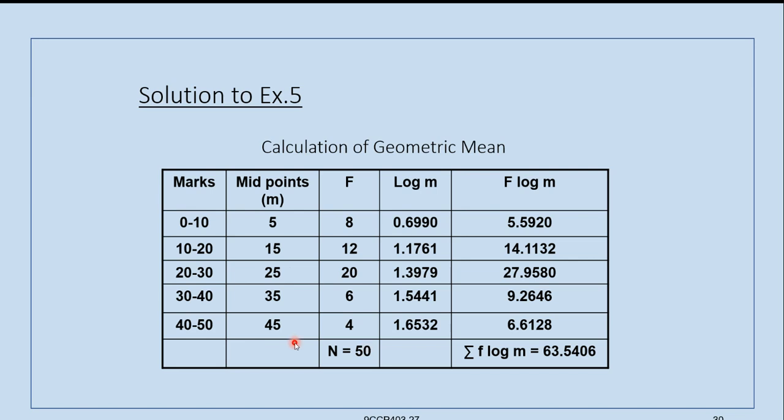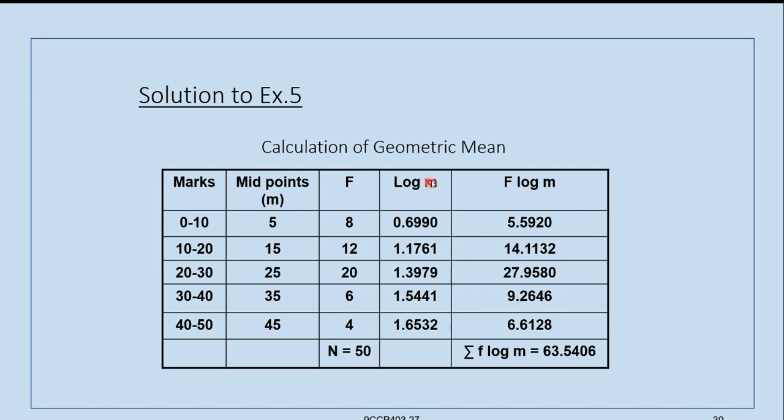What you do in examinations and practice: first you take marks, then frequency, then midpoint. It will be very easy because we write whatever is given in the problem in the first two columns, and in the third column the midpoint is calculated. Midpoint is calculated by taking upper limit plus lower limit divided by 2, or lower limit plus upper limit divided by 2, same as what we learnt in the arithmetic mean.